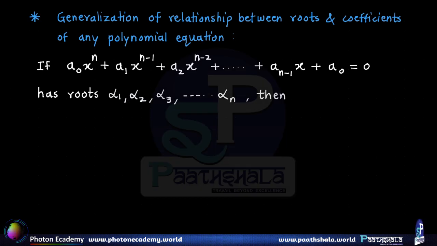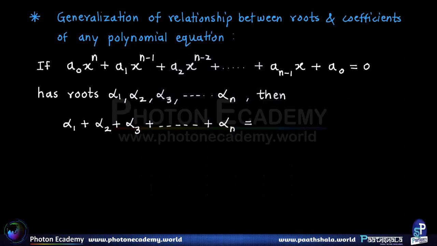Then the sum of the roots, that is alpha 1 plus alpha 2 plus alpha 3 and so on up to alpha n, will be given by minus a1 upon a0. So here if we see, it is this particular expression, a1 on a0.